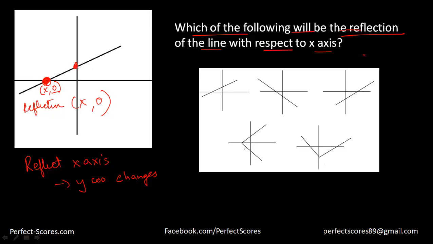And at this point, the value of x is 0 and there is a value of y, which is going to become negative when it reflects, because the y coordinate changes, and the reflection is going to look like this, which is this answer option. So suppose you're understanding that the only key to the question is when you reflect something according to the x-axis, the y coordinate changes.